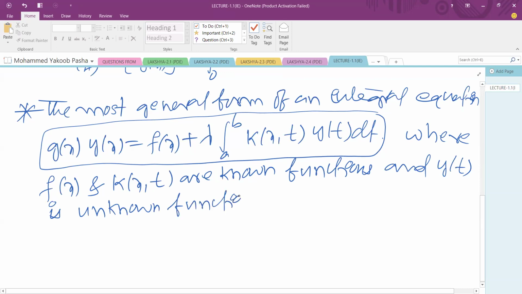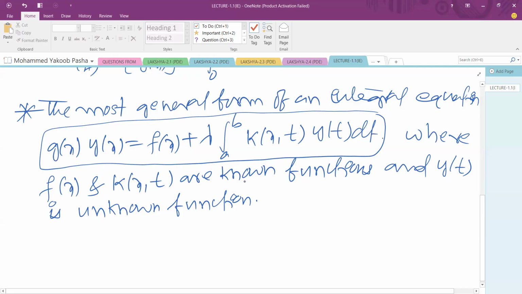Then this equation is called the general form of the integral equation. So given the values of f of x and k of x comma t, we need to calculate y of t, the unknown function. This is the general form of the integral equation.